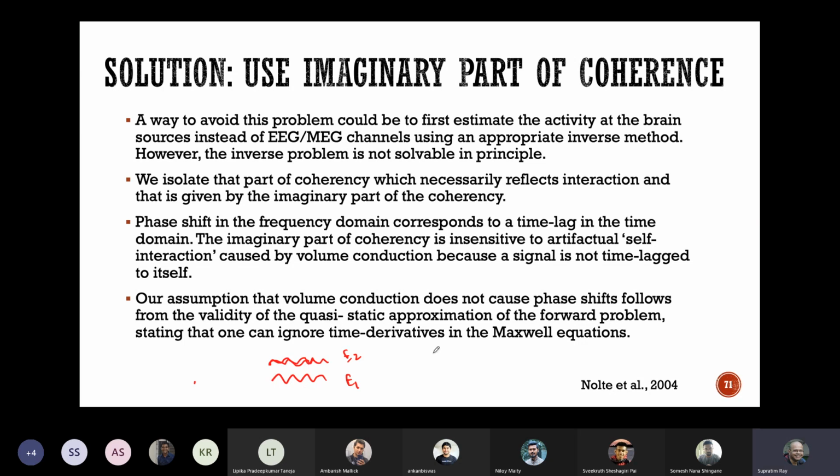Remember when we were looking at coherence, we were looking at vectors. Each trial gave a vector, and the idea there is that if different electrodes are phase consistent, then the vectors all point in the same direction. Doesn't matter what the direction is, they all point in the same direction.